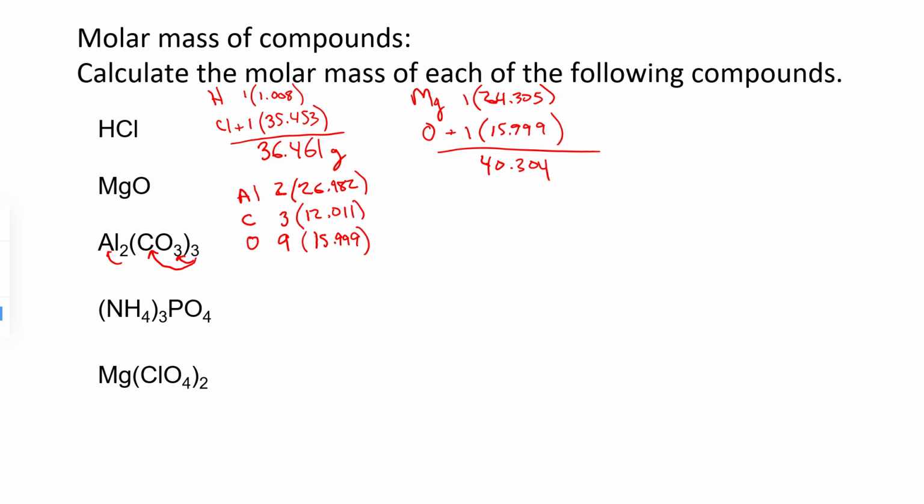So if I do parentheses 2 times 26.982 and close your parentheses, then you can do plus parentheses 3 times 12.011, close your parentheses, plus parentheses 9 times 15.999, close your parentheses, and I end up with 233.988.